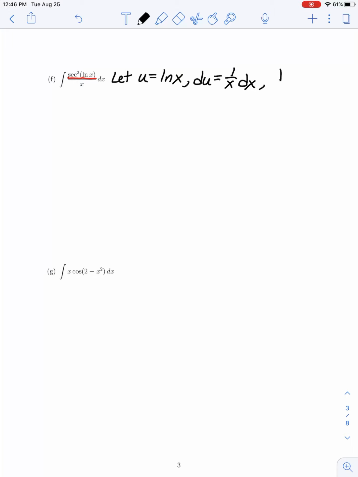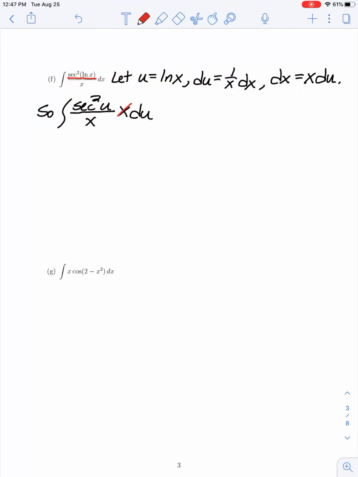And so, solving for dx, I could multiply both sides of that equation by x, and I would have x times du. So now, looking back at our original integral, we have a numerator of secant squared of u divided by x, and then we're multiplying by dx, which we solved for as x times du.